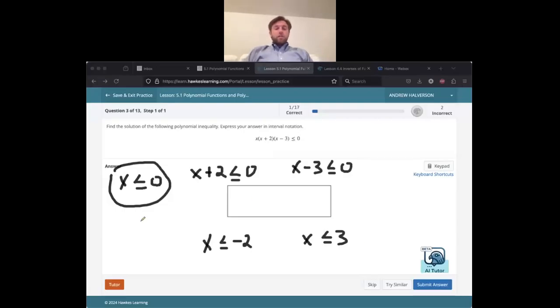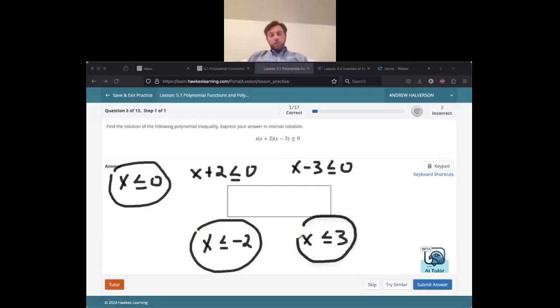But before we get there, is there overlap between these solutions? Let's look at the number line. Remember, this is 0, here's 3, and here's -2.